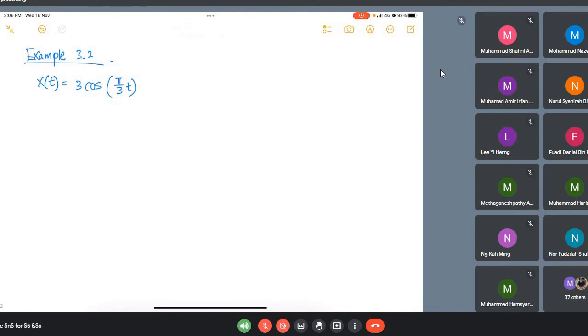Okay, so again we use the Euler formula: cos omega naught t equals half of the exponent j omega naught t plus exponent minus j omega naught t. Okay, we use this formula.